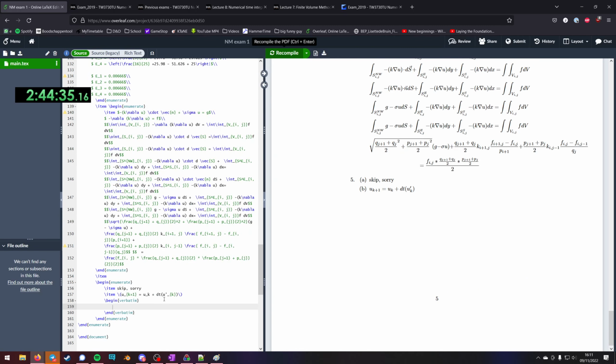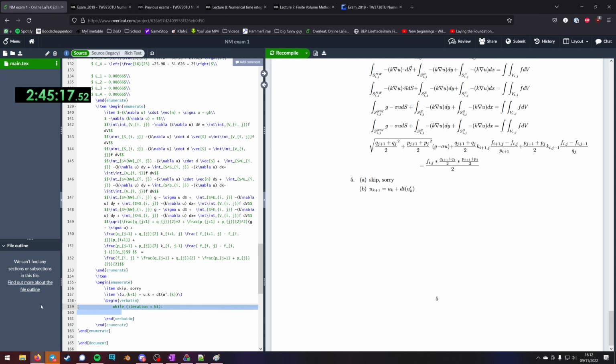So then the code would be: while u is what we hope to be the solution. How long do we go? I'm just gonna go while the iteration is less than nt.